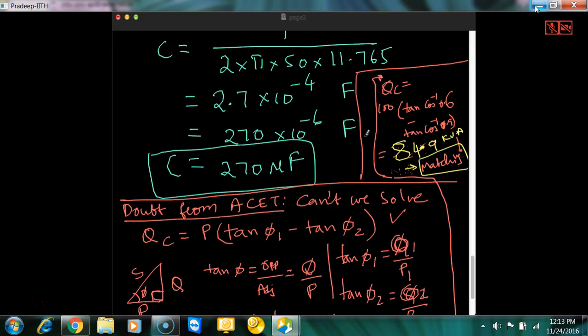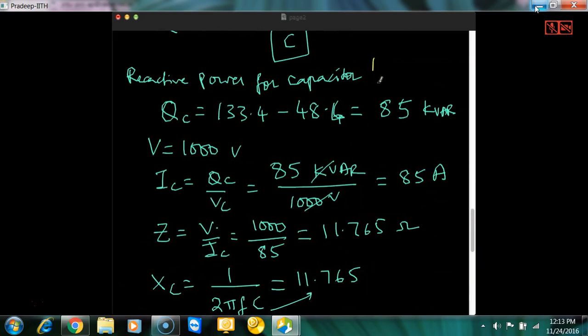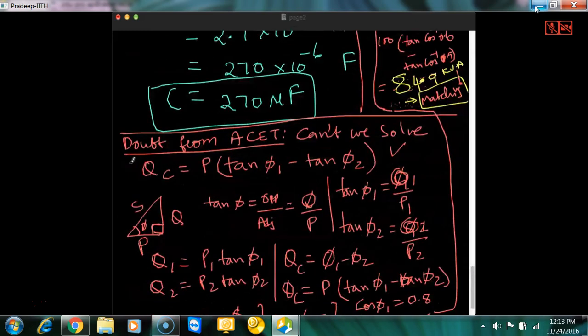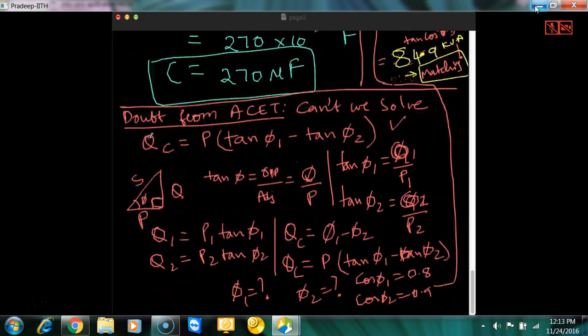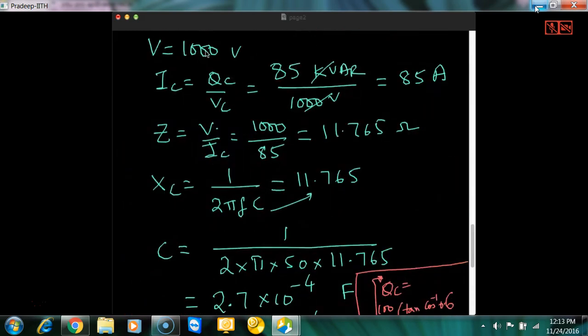So we can say this one is method 1 and this one is method 2. So we are able to solve the problem in 2 different methods. So that's also good. If you have any doubts, we'll see that. Otherwise, I'll continue with the next question.